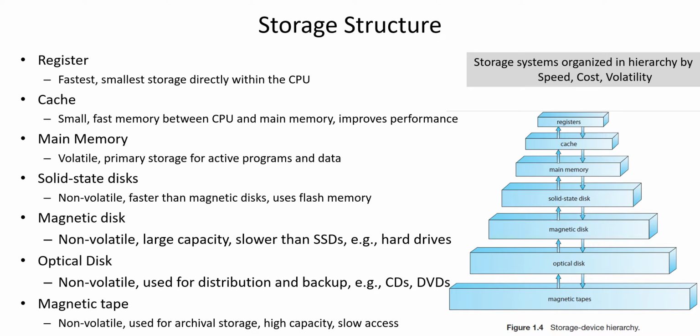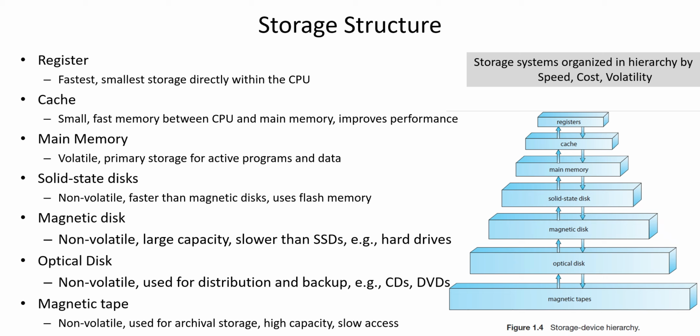Below that, solid state disk, non-volatile, faster than magnetic disk, and built using flash memory. Then magnetic disk, non-volatile, large capacity but slower than SSDs; traditional hard drives fall into this category. Optical disc, non-volatile, typically used for distribution and backup, like CDs and DVDs. And finally, magnetic tape, non-volatile, used mainly for archival storage.